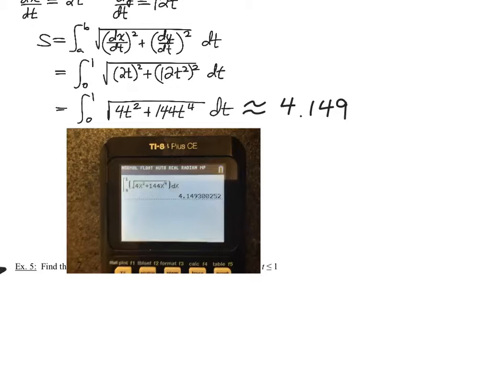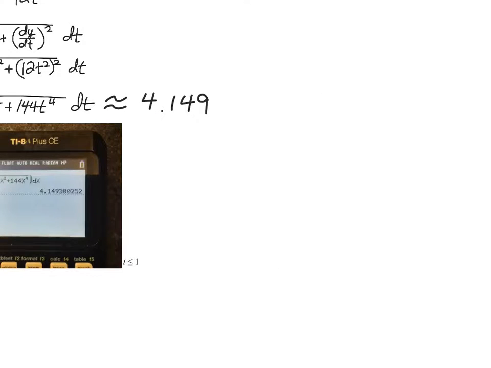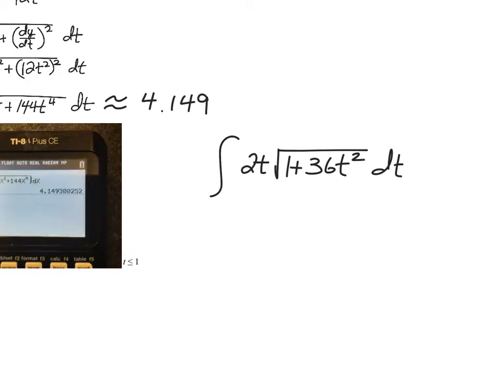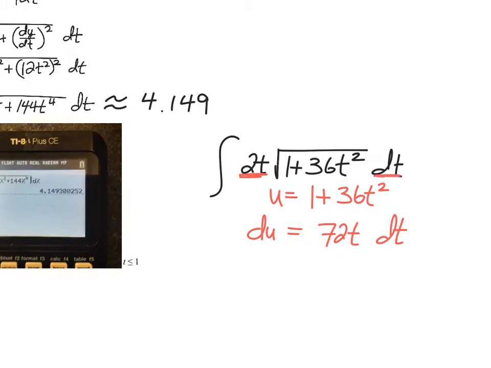So kill that. You'd be looking at the square root. It would become 2t, and then 1 plus 36 t squared dt, and then you'd let u be equal to 1 plus 36 t squared. When you take the derivative of this, du is equal to 72 t dt, with the idea being that we want to get rid of these guys.